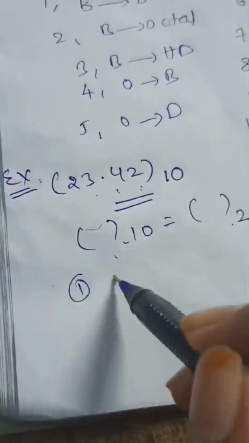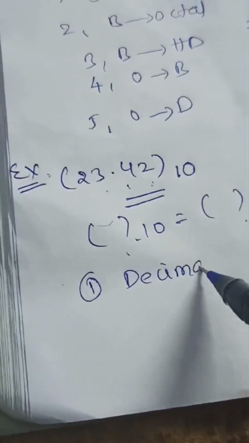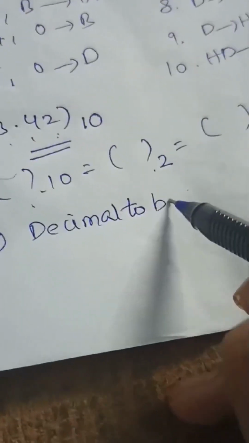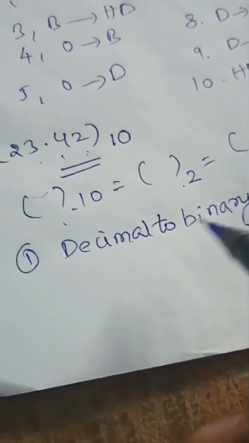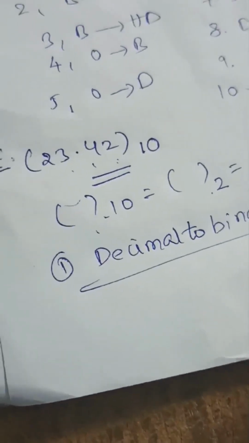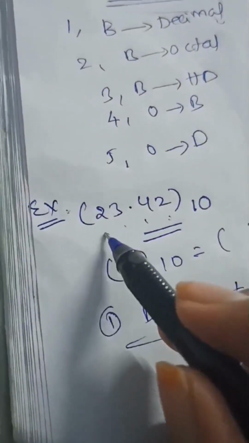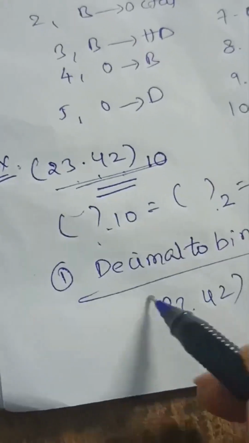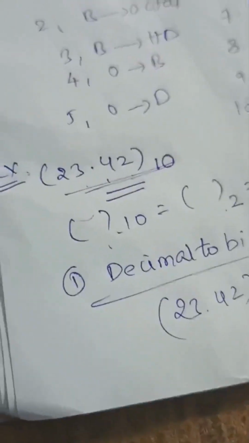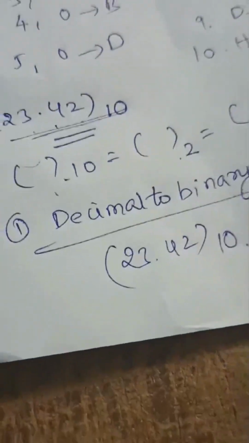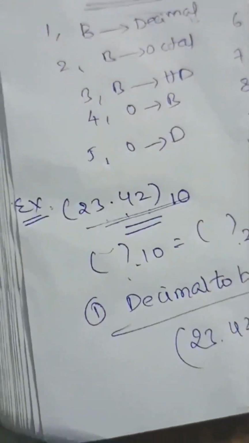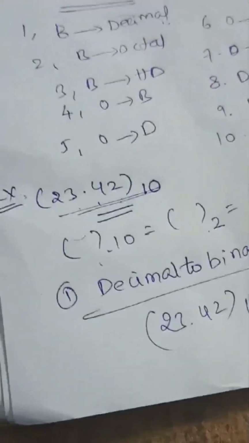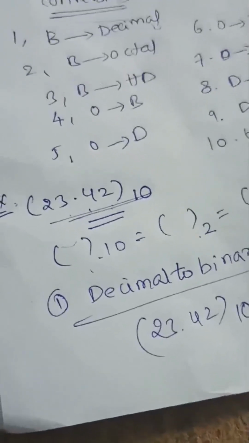First, decimal to binary. We have considered an example 23.42 to the base 10. In this decimal to binary, in any conversion of decimal to any conversion, the first step is to do LCM.